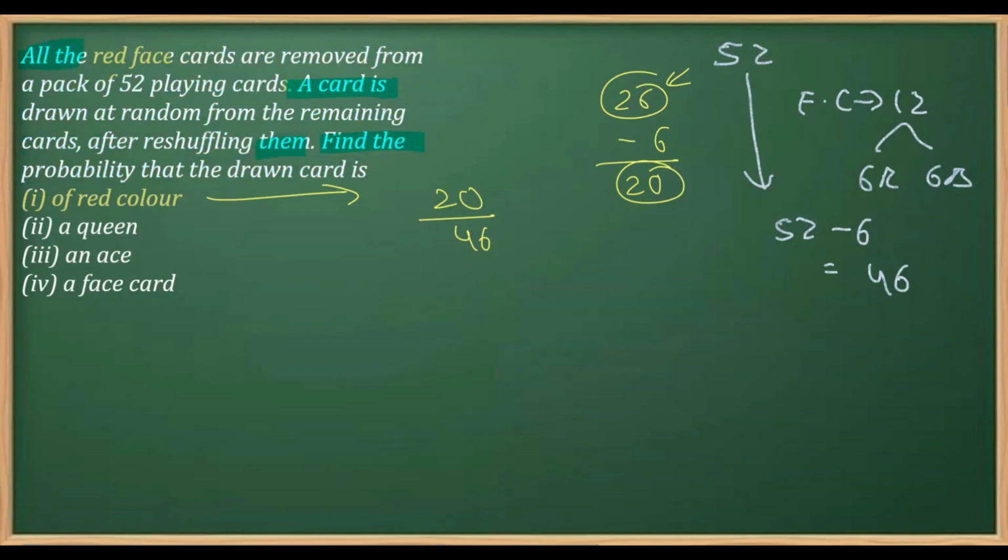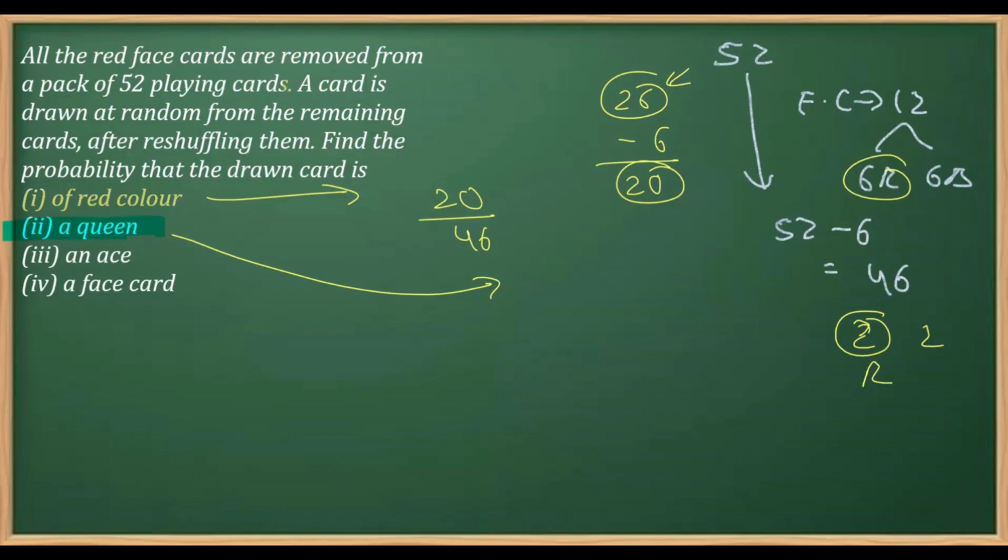The third part over here is what? Second part, a queen. So how many queens are there? There are 4 queens, right? 2 of them are black and 2 of them are red. The 6 red cards which are removed include 2 red queens.